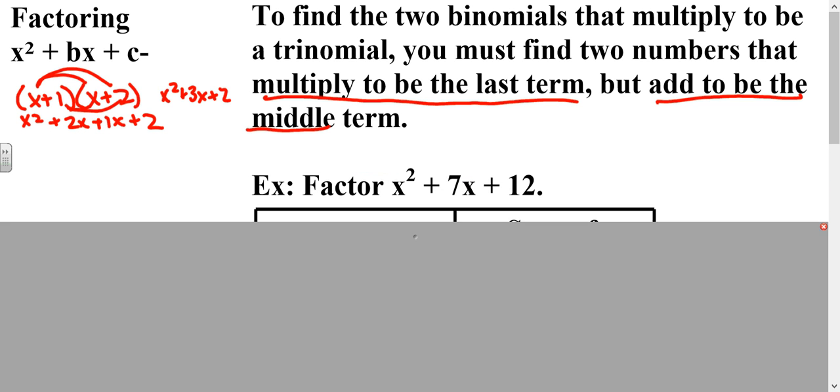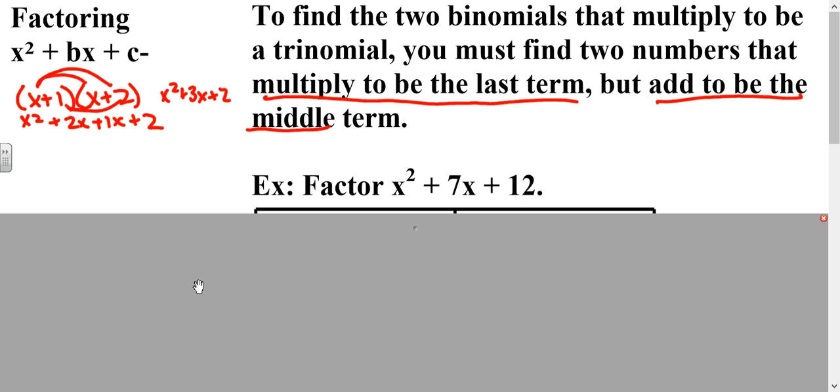Okay? So we're going to factor x squared plus 7x plus 12. Remember, we're trying to get numbers that multiply to be the last term, and they have to add to be the middle term. So just think of all the numbers that multiply to be 12. If we think of all the factors of 12, we have 1 and 12, 2 and 6, and 3 and 4.